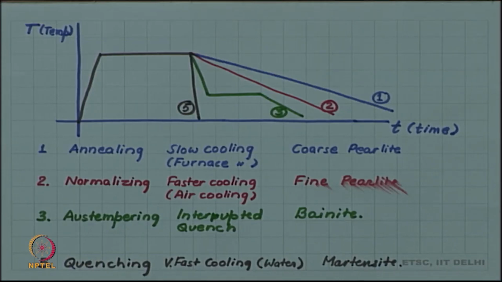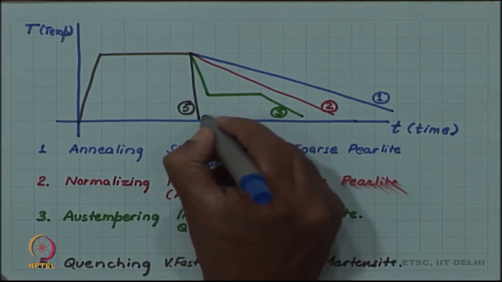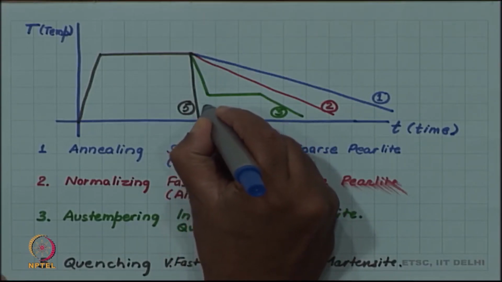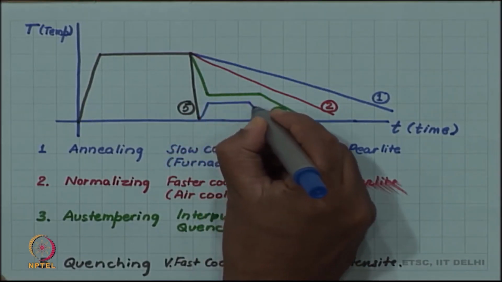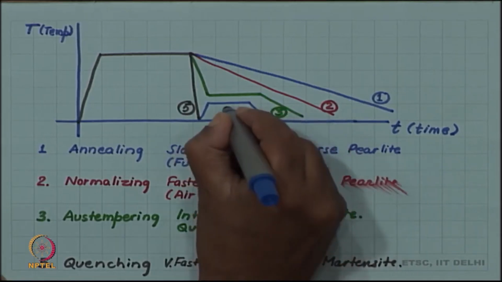For many applications, this martensite is extremely hard and brittle and is not suitable, and you may like to change the hardness of this martensite by a further treatment, and that is what leads to tempering. So, you will heat the quenched steel to a higher temperature and then cool.